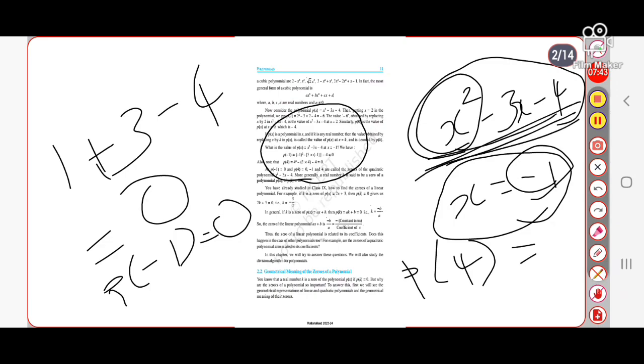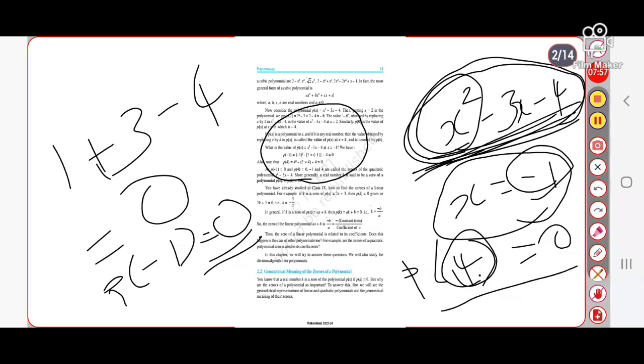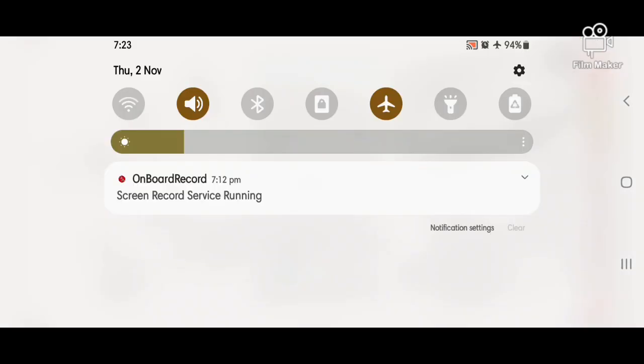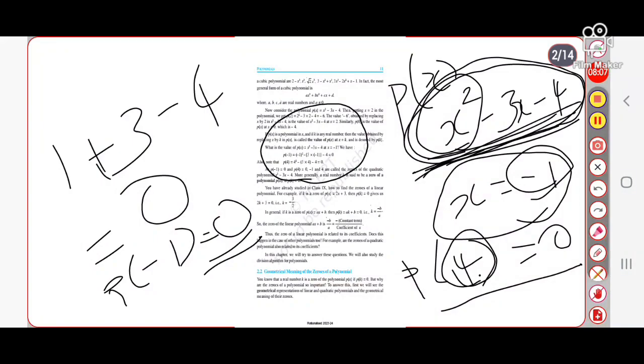This equation is represented as p of x, and the x value is replaced with 4, and the value of the entire equation is calculated as 0. So why are we seeing this?